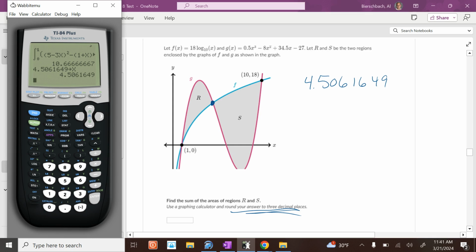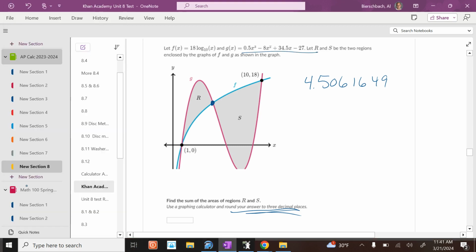Okay, so you want to go top curve minus the bottom curve. Well, the top curve is this one. So you want to integrate from 1 to 4.5061649 of top curve, which is y2 minus y1.